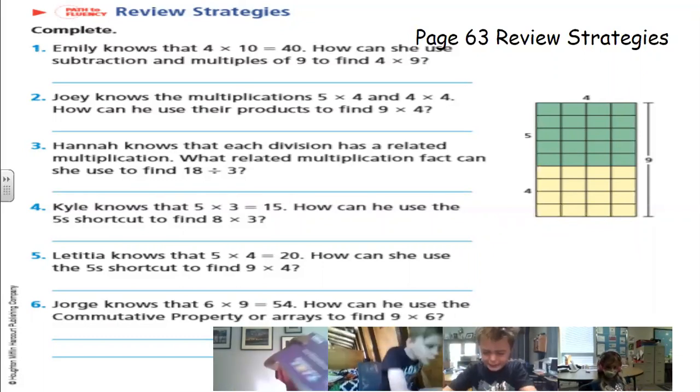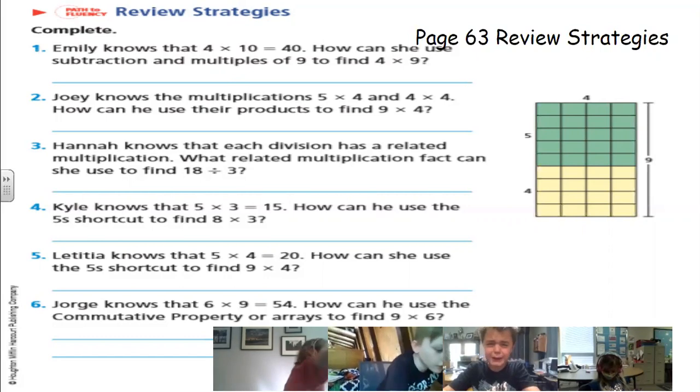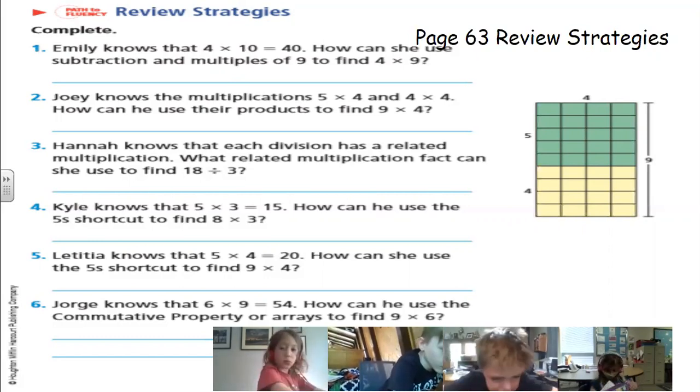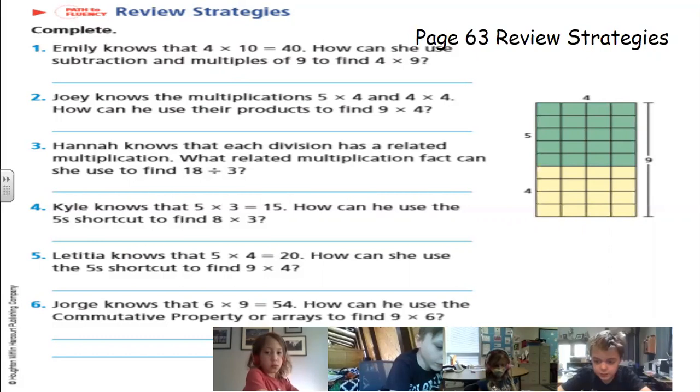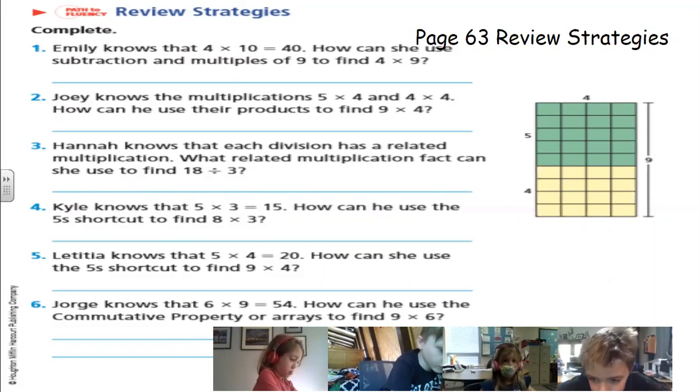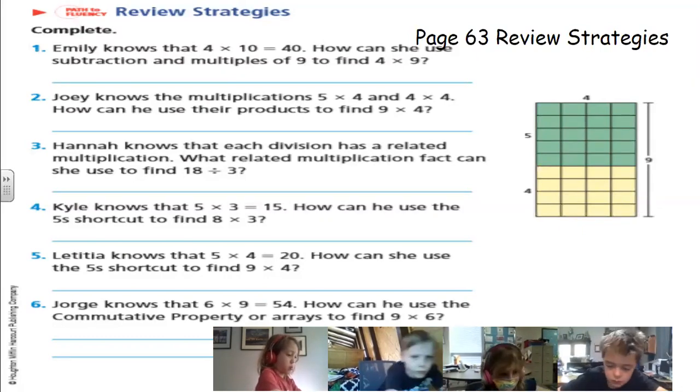How can you use 4 times 10 equals 40 to solve 4 times 9? See some light bulbs going on. I heard it. Who's saying that? I'd like to see your hand next time, okay? Instead of just saying it, I'm so glad you know what to do.